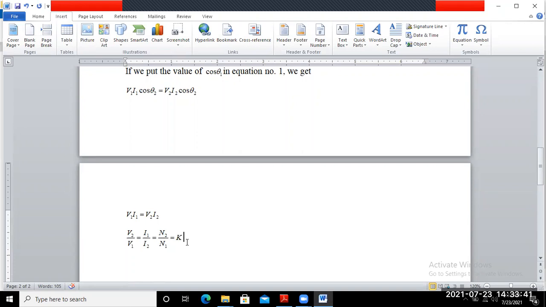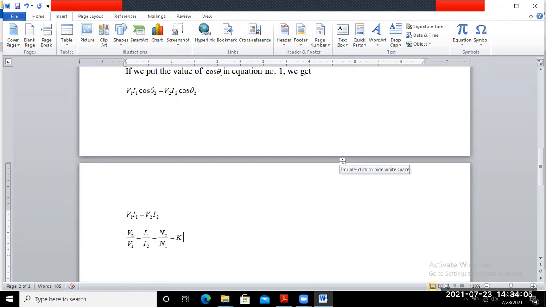So V2 by V1 equal to I1 by I2 and N2 by N1 equal to K. You also observe this relation in a conventional two winding transformer.